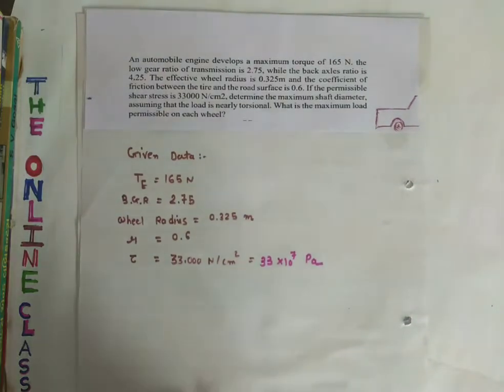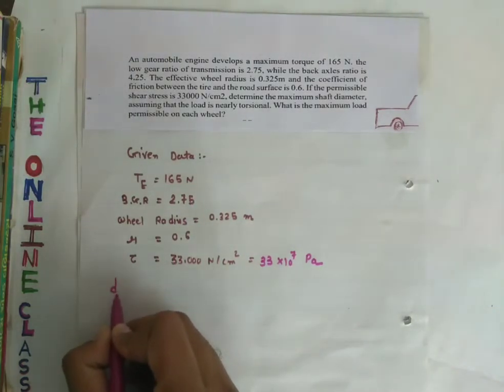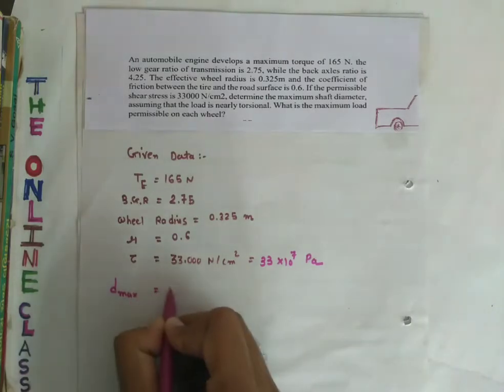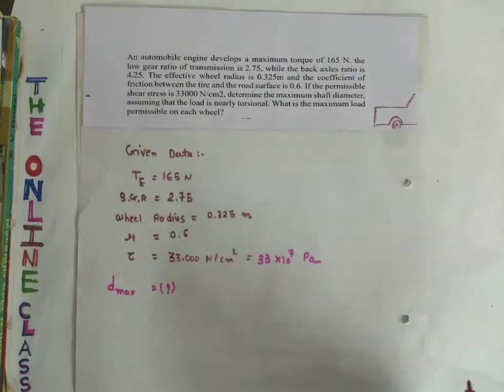Okay, so what we have to find? We have to find the maximum diameter D max. Here it is not given whether this shaft is hollow or solid, so we have to consider the shaft as a solid shaft, so its diameter is D, which is the maximum diameter, that we have to find.